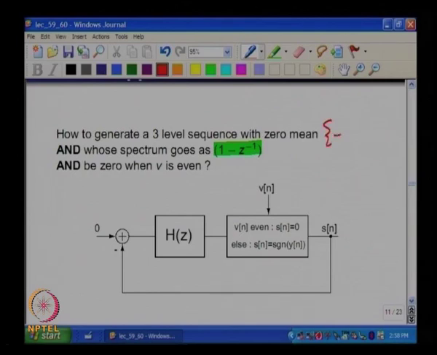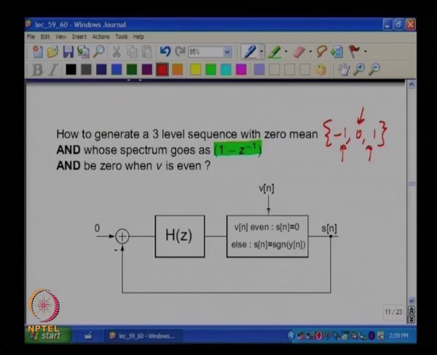Here thankfully if we assume that this only takes on levels of -1, 0 and 1, when V is even the output must be even, and the only even integer here is 0, correct. When V is odd, it can be either 1 or -1, and you want its spectrum to be 1 minus Z inverse at low frequencies.